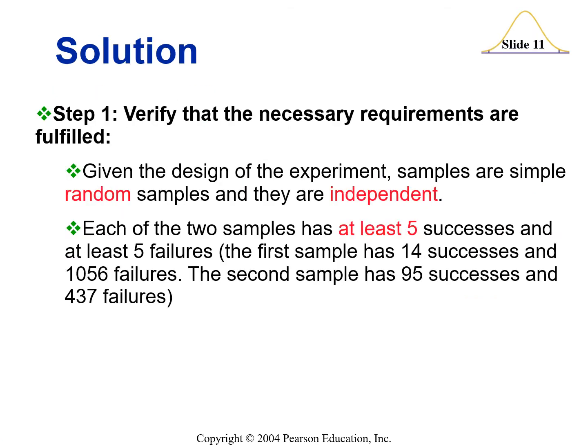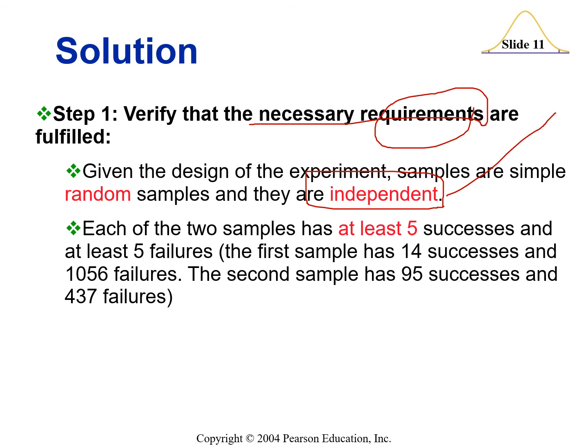Okay, so solution. Let's first check the requirements of the test. Remember, we have two requirements. Requirement one: simple random samples drawn from independent populations, and we have two independent populations. The first one, vaccinated children, is totally different from the second one, children given placebo.